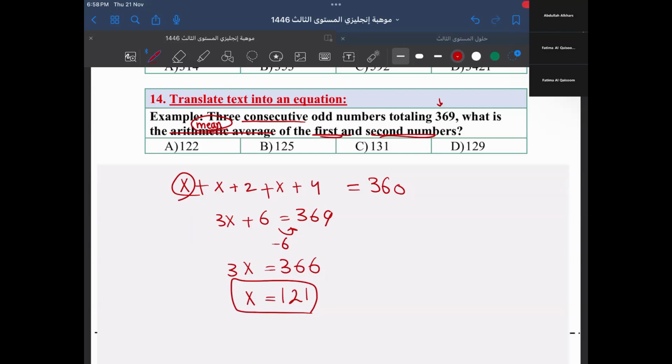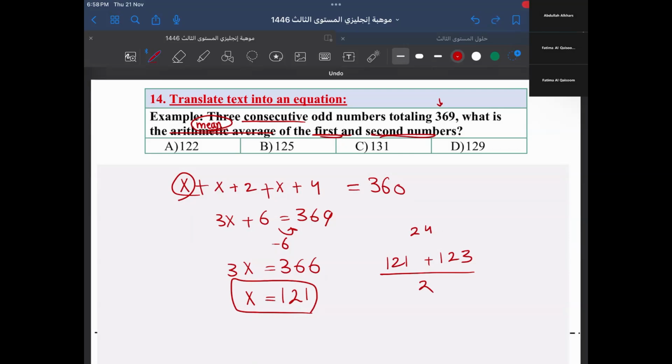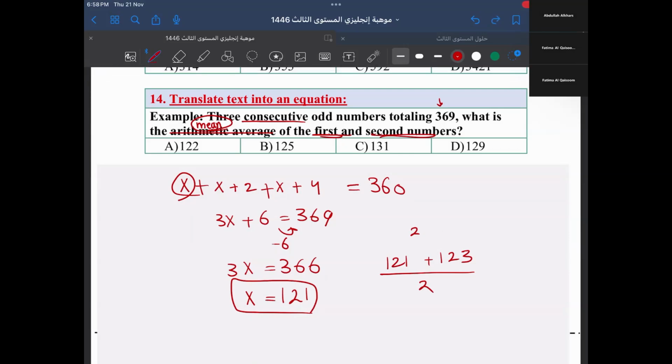So we take the first and second number, which is 121 plus 123, which is 244 over 2. It's going to be 122.